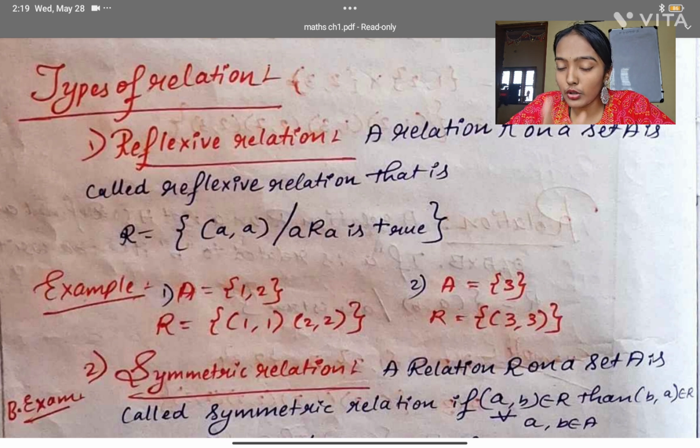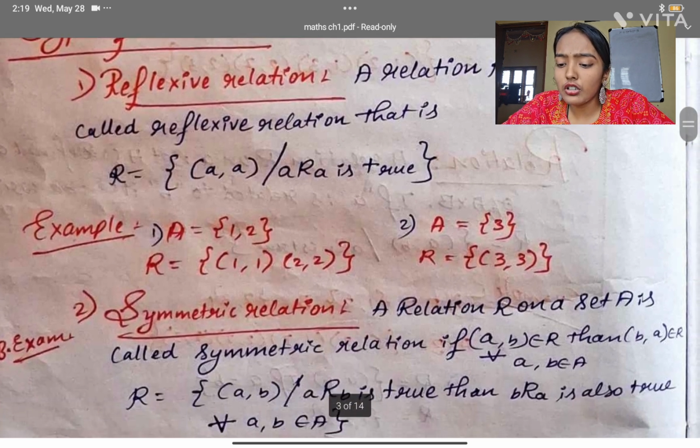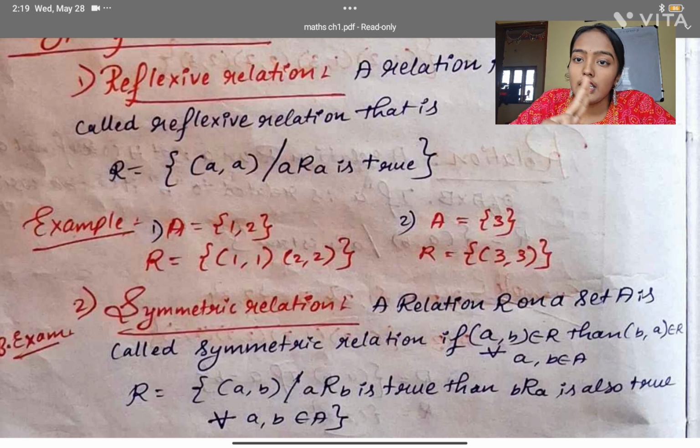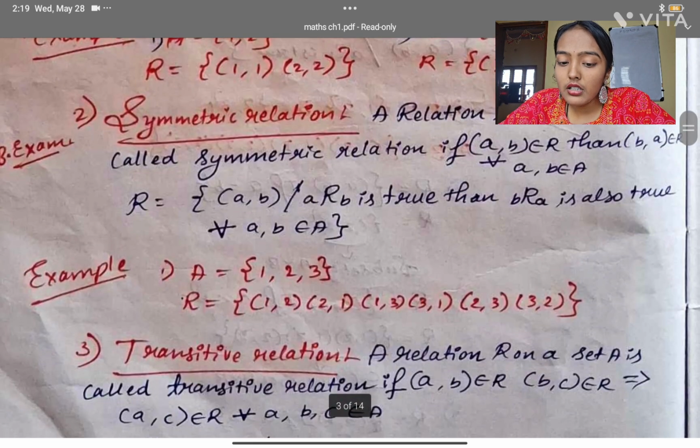In that case the relation is said to be a reflexive relation. Means A is related to A, the reflexive relation condition is true. Okay, that's all about reflexive relation. Means the first element should be equal to the second element, they should be the same. Okay, in simple words, you don't have to worry about it.